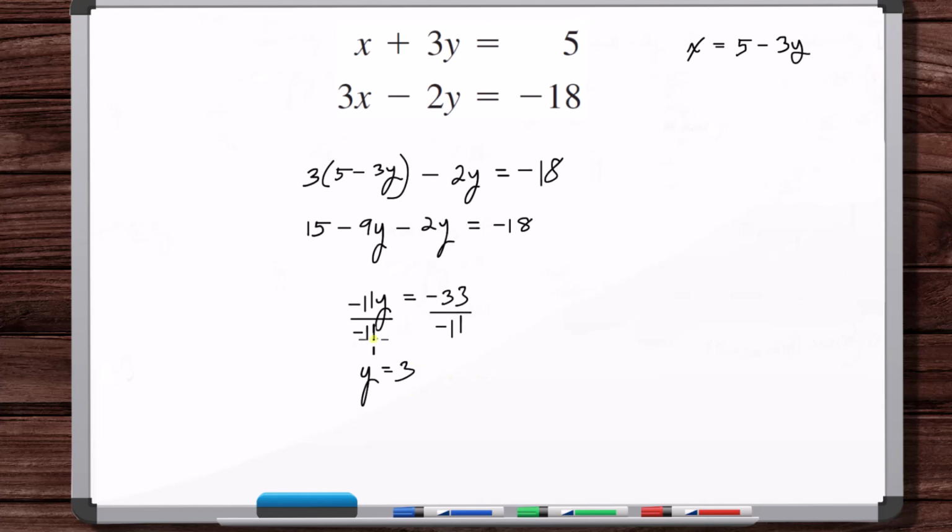And so now we take y is equal to 3 and plug it into any of these two equations, or it would be easiest to just use this one, and then solve for x. So x is equal to 5 minus 3 times 3, that's 5 minus 9, that's minus 4. So the ordered pair here is the solution to the system.